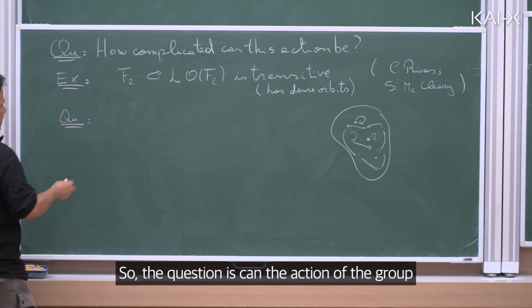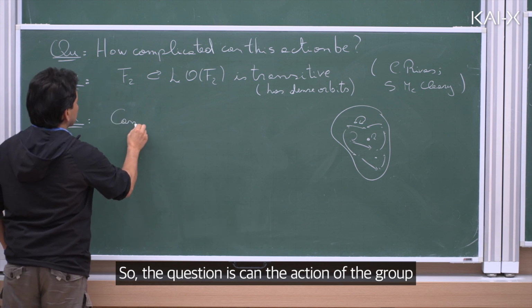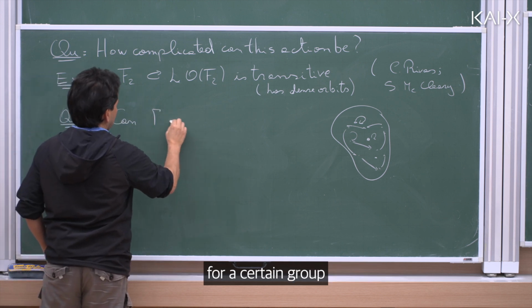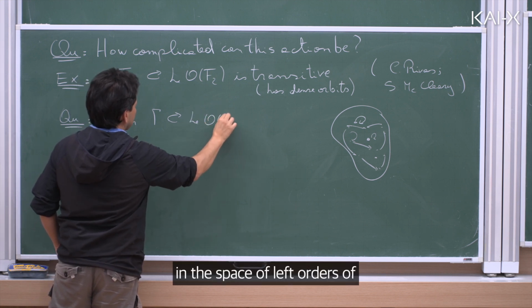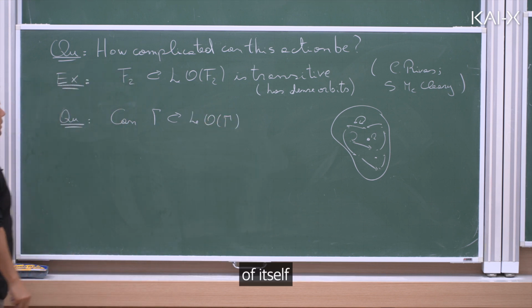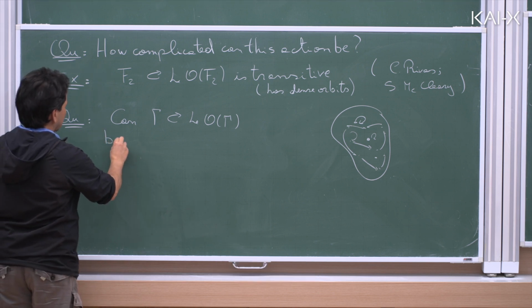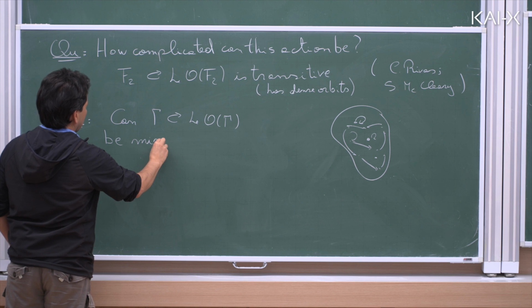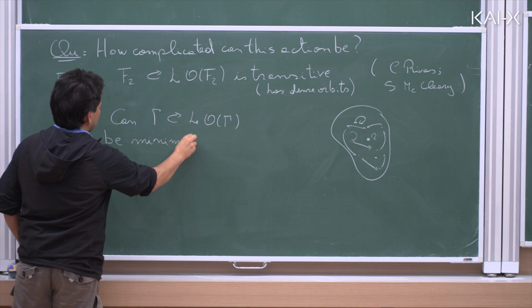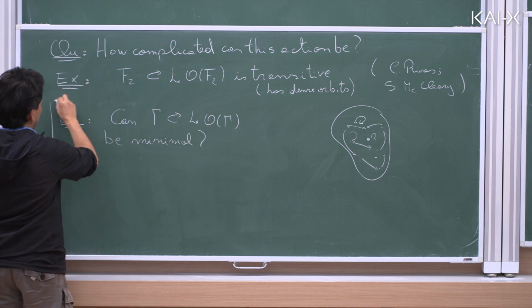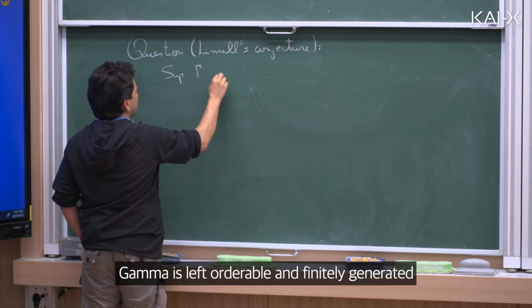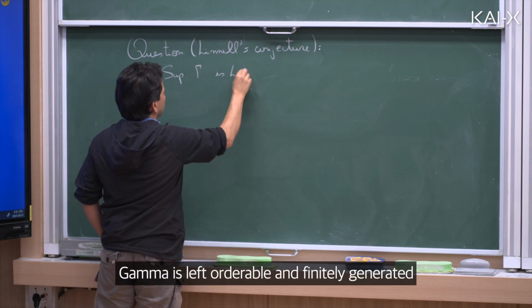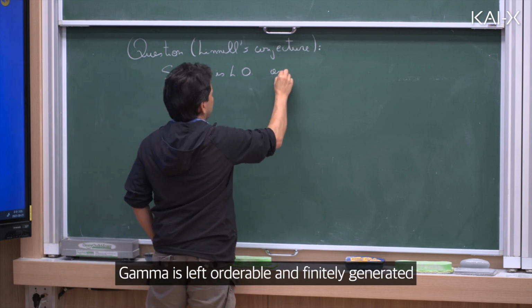So the question is, can the action of the group, for a certain group gamma, in the space of left orders of itself be minimal? Suppose that gamma is left orderable and finitely generated.